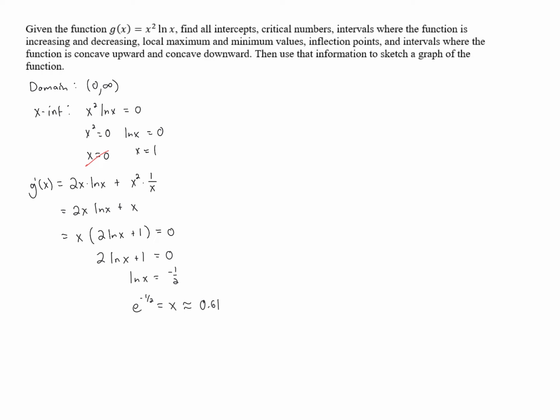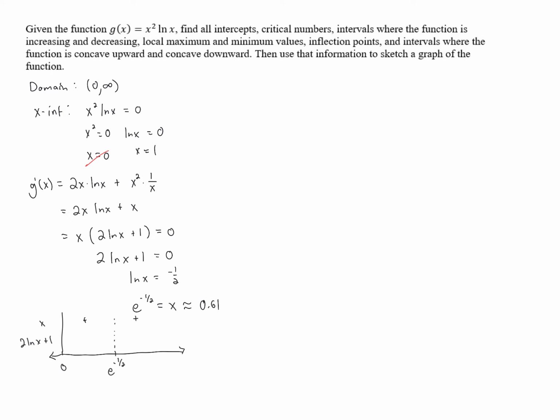And so we are going to need to make a sign chart with e to the negative 1/2 as our critical number. Also, we'll put 0 there because the function's not defined to the left of 0. And so our factors are x, which is always positive to the right of 0, and then 2 ln of x plus 1.